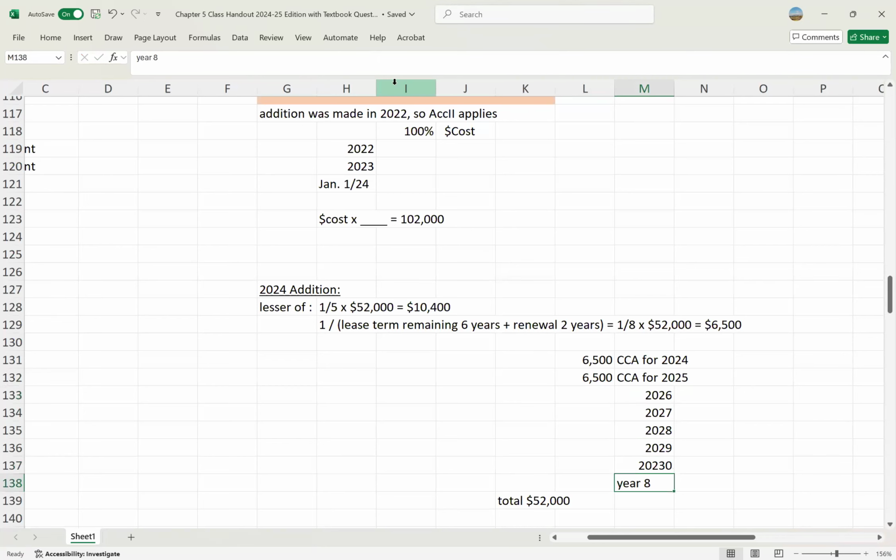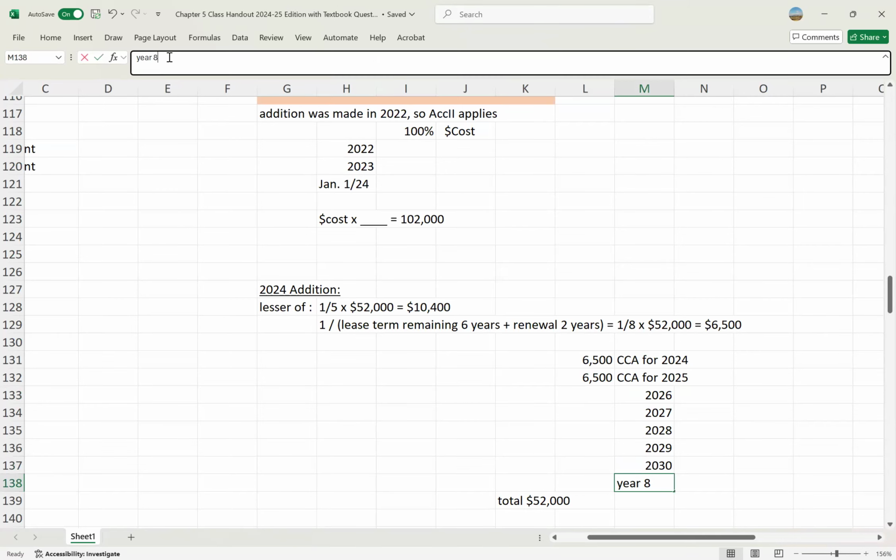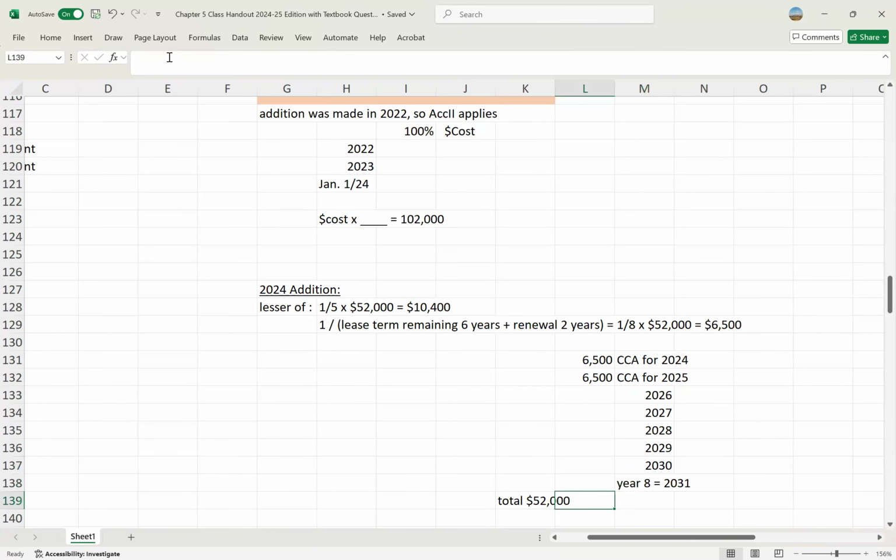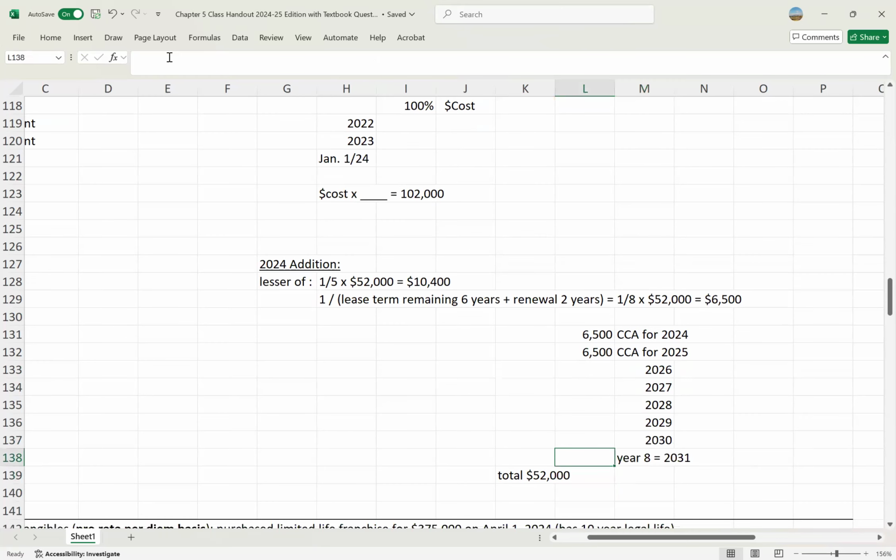And then 2031 would be year 8. So all we would do is take 6,500 every year, and that would give us our total of 52,000. That's what it means by straight line: you take the same amount every year.